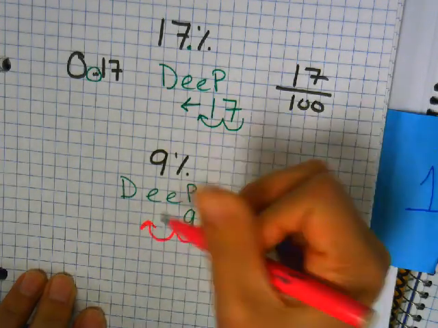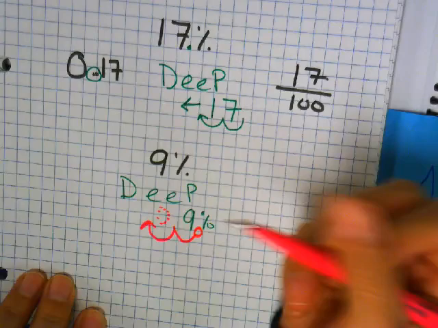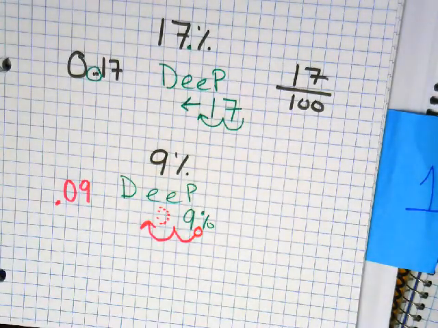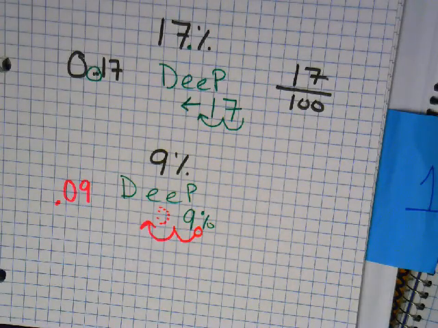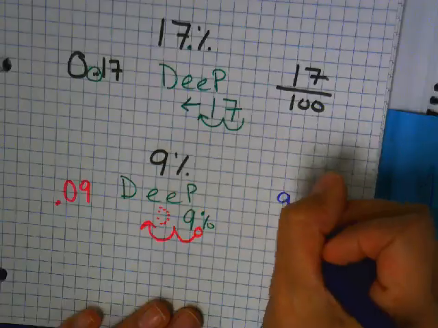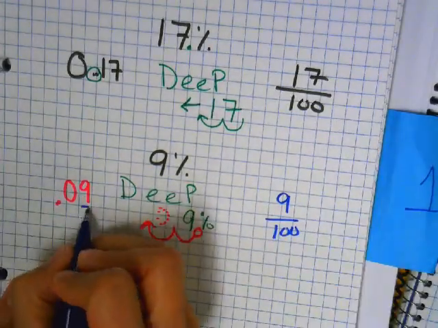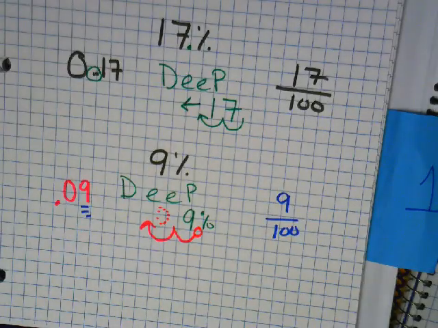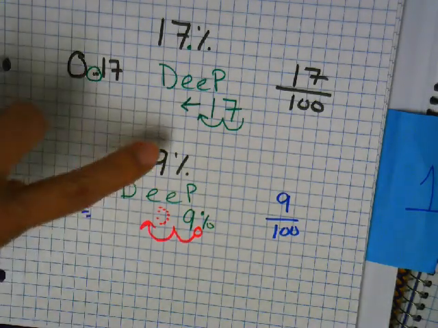And now here we have an empty space. We're going to add a 0. So it would be 0.09. Now, what's my fraction? 9 over 100, because the 9 is in the hundredths place. Also, percents are always out of 100.